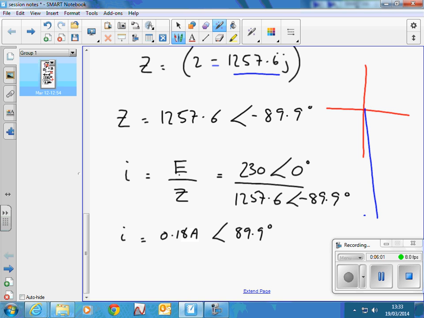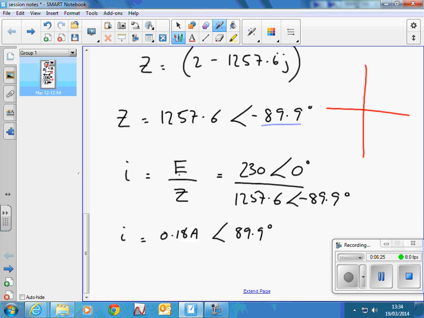So in fact, the line would be right down like that. So it's not surprising that the length of this line is about 1257, and the angle is almost minus 90. So I was expecting something like that, to round it to the nearest degree, that is minus 90 degrees. So I expect that from this axis.